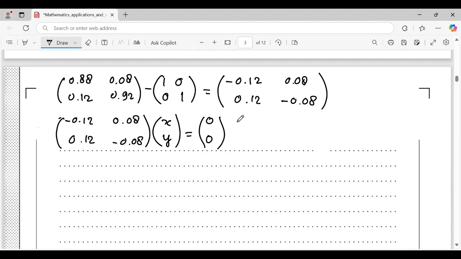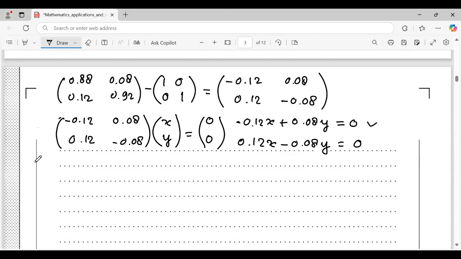The first equation is minus 0.12x plus 0.08y equals 0. And the second, 0.12x minus 0.08y equals 0.